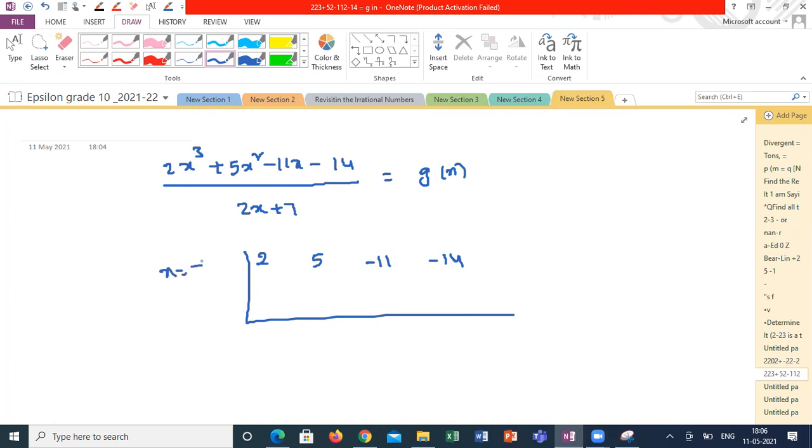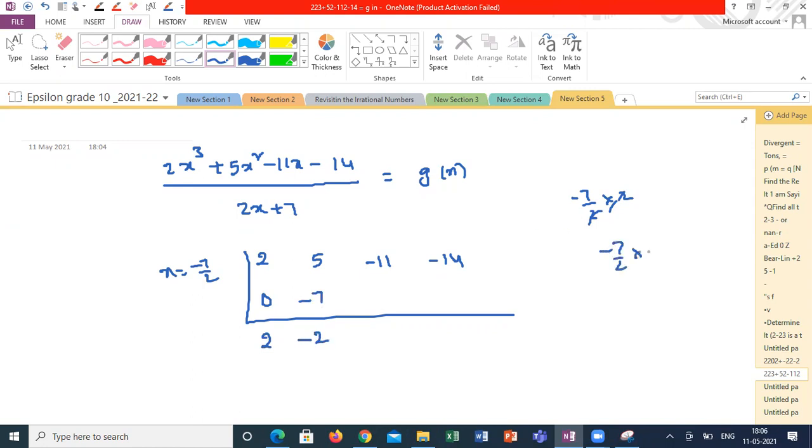So x is equal to minus 7 by 2. Am I right? Yes. 0, 2. If I multiply minus 7 by 2 into 2, the answer is minus 7. So the answer is minus 2.